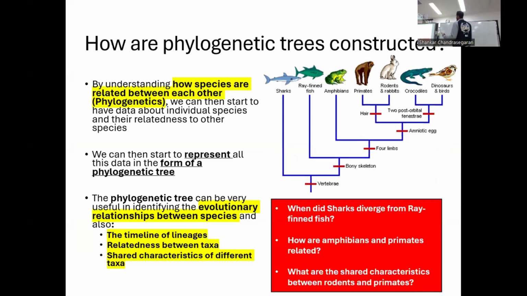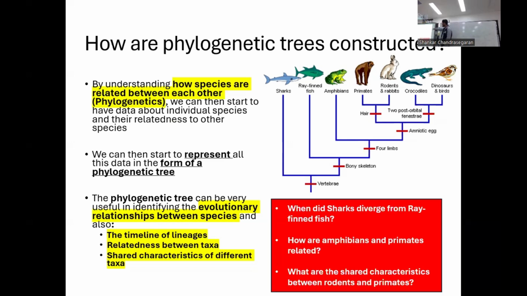So how do we construct these phylogenetic trees? Basically, we need data to be able to construct these phylogenetic trees, and that's where the previous lesson comes in, right? We basically collect data in terms of their homologous structures, in terms of the vestigial structures, in terms of the molecular homology as well, to be able to better understand how different species are related to each other and at which point they would have possibly diverged from a common ancestor to become two different species.